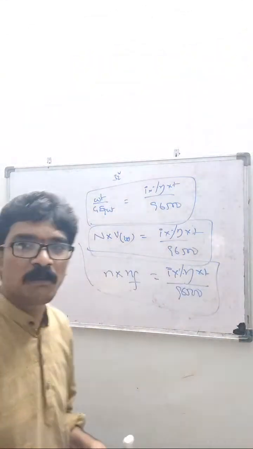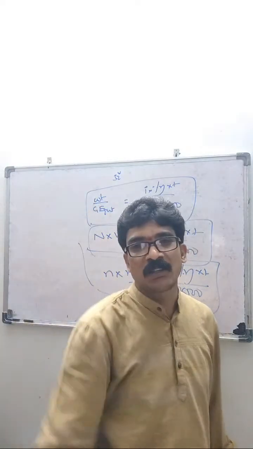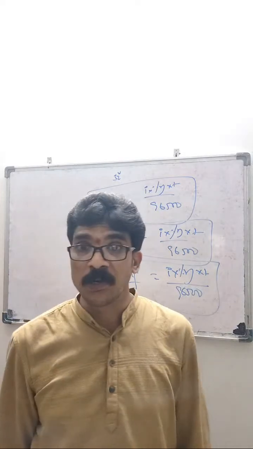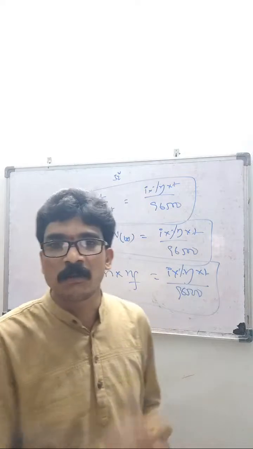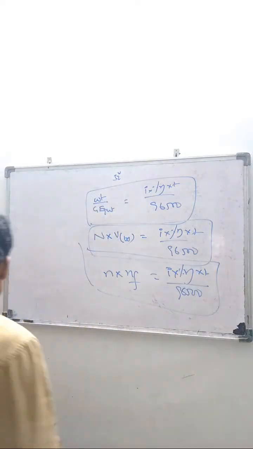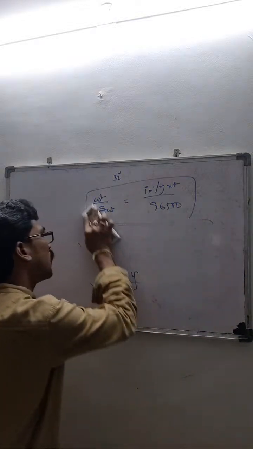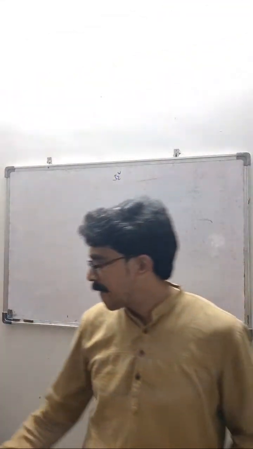It is a very beautiful comparison related to electrochemistry and the gram equivalent concept of stoichiometry. It is applied based on the problem you are involved in, then you automatically get the idea. This is Faraday's first law. Then we are going to Faraday's second law.